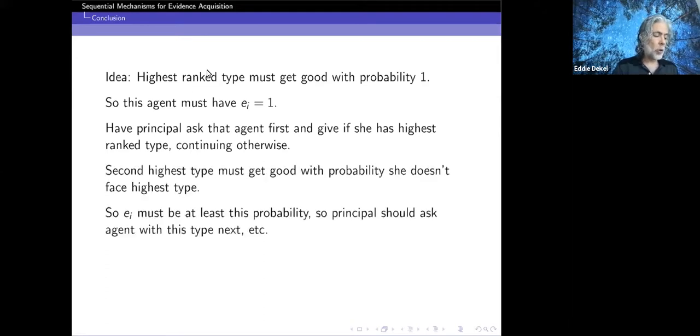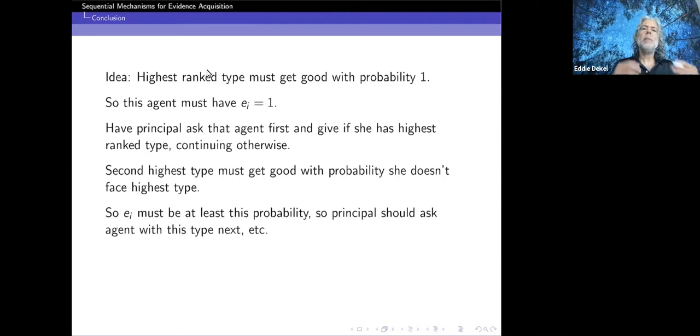Then we'll look at who's the second highest type. That type must get the good with the probability that she doesn't face the highest type, right? That we didn't already give it. So all the remaining probability that we have must be going to the next ranked person. So ask them next.